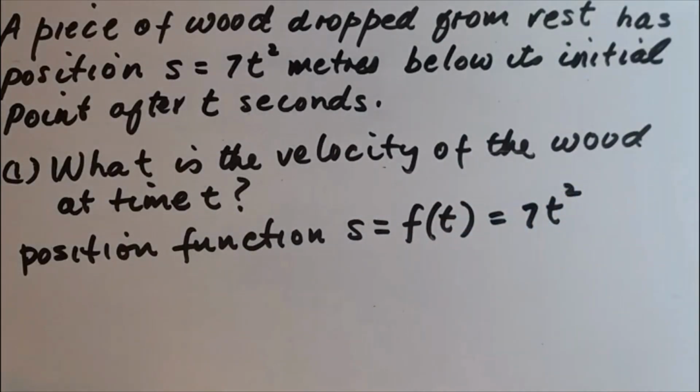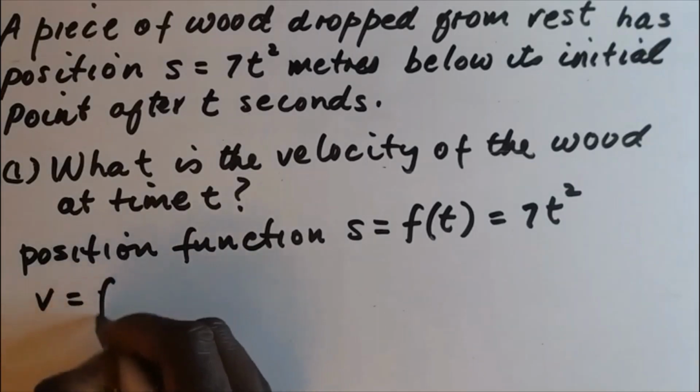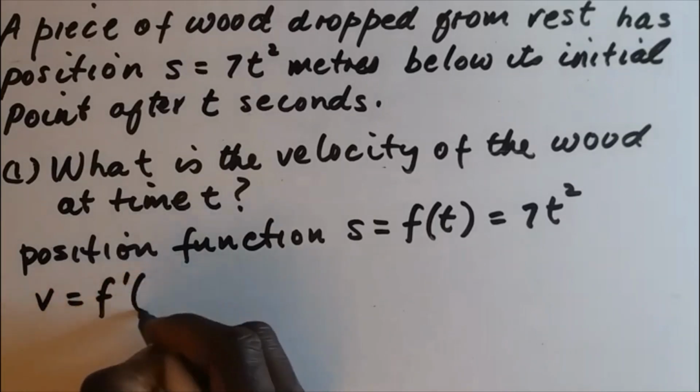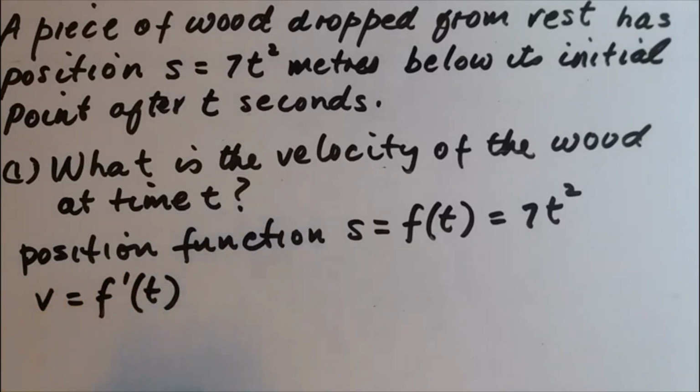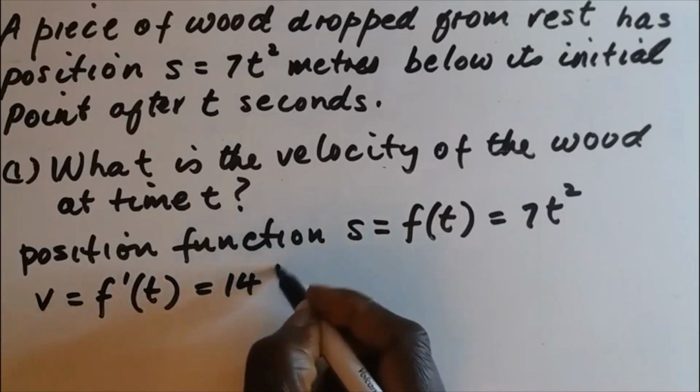So if we differentiate the position with respect to time, we can get our velocity. So v is equal to the derivative of f, which gives us 14t.